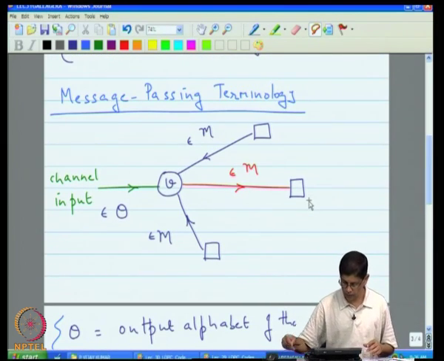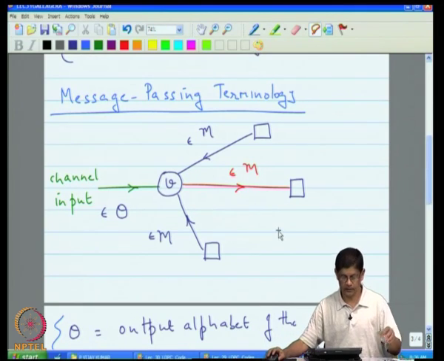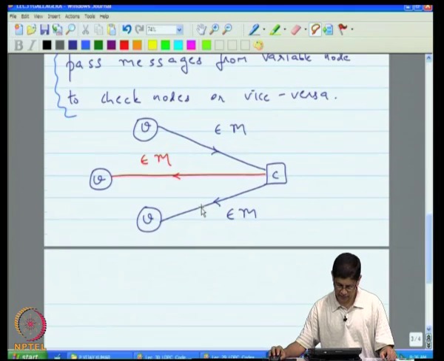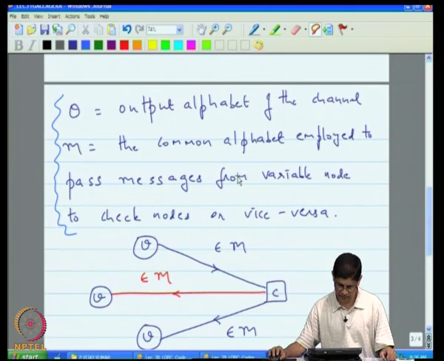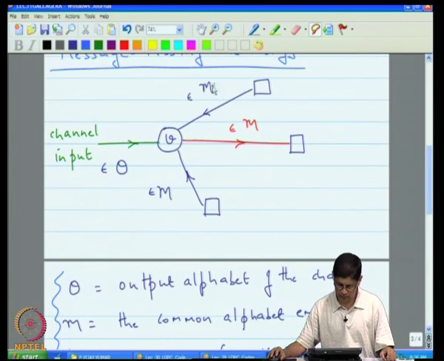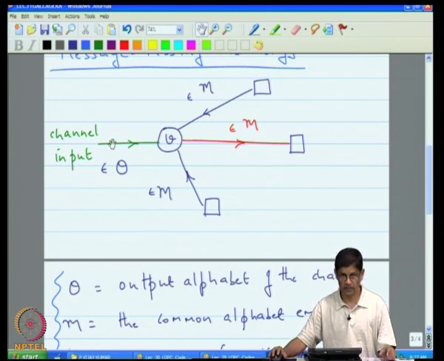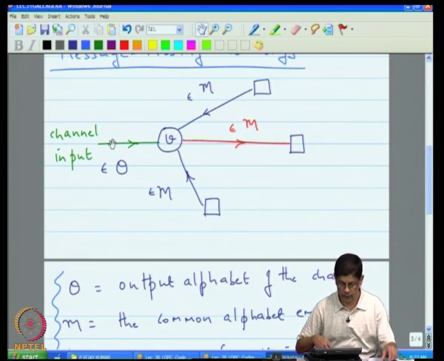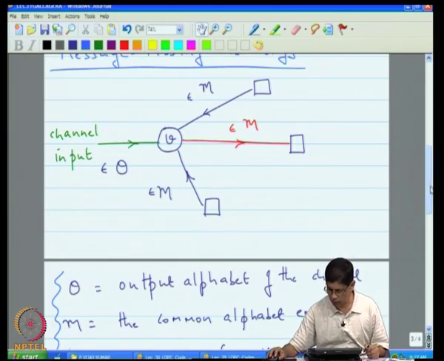So, we were talking about the alphabet from which the messages that are actually passed are drawn from, and I pointed out that these messages are actually subsets of the real numbers. And also I pointed out that there is a common message alphabet that is actually used to communicate messages back and forth between a check node and a variable node. This green arrow here represents the output of the channel. So, that potentially could be a different alphabet. So, we are going to denote that by script O.